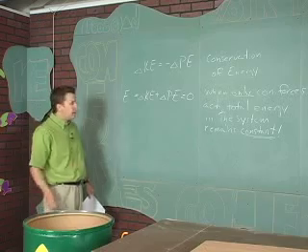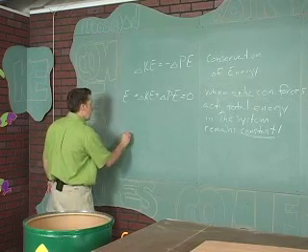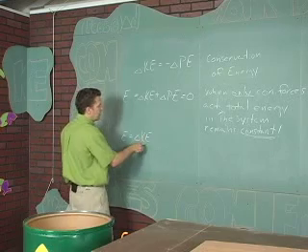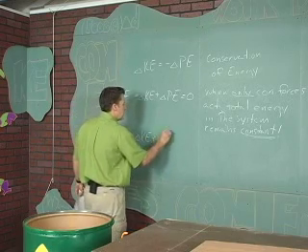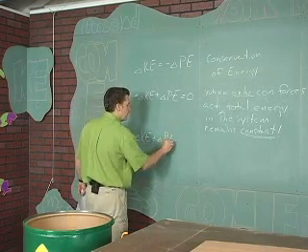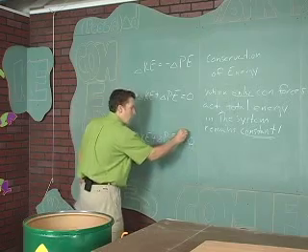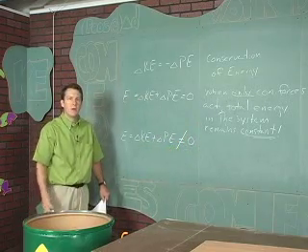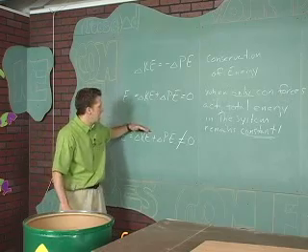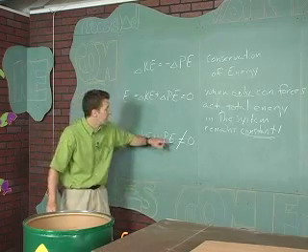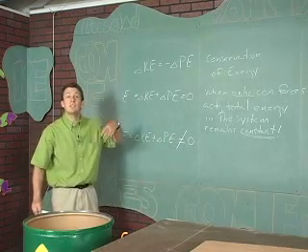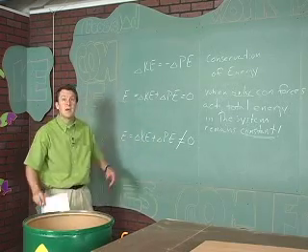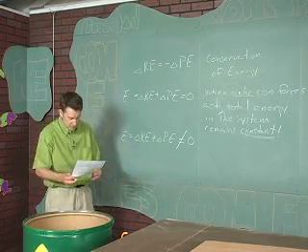Well, what if the total energy in the system, represented as change in KE plus a change in potential energy, did not equal 0? What if the sum of all kinetic and potential energies in the system didn't equal 0, which is to say it didn't remain constant? What if the total energy in the system didn't remain constant?